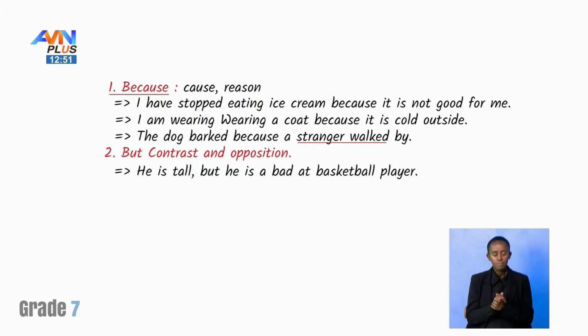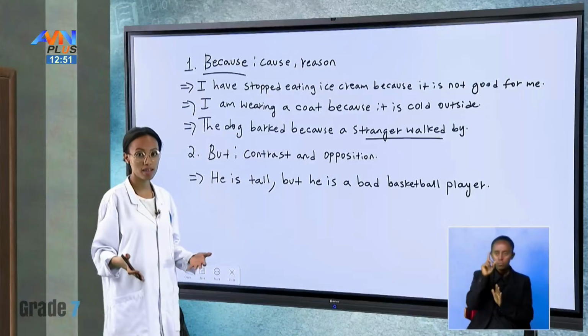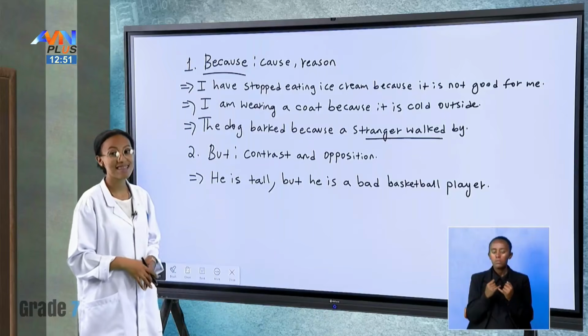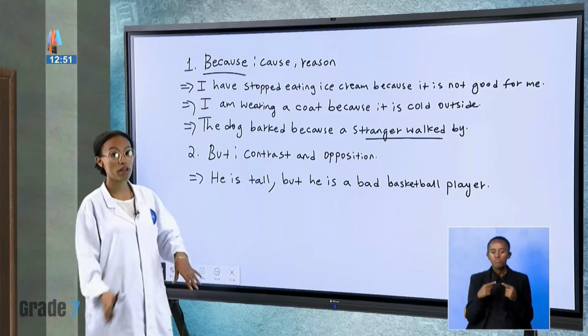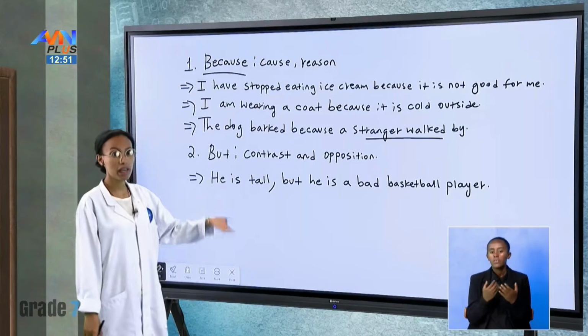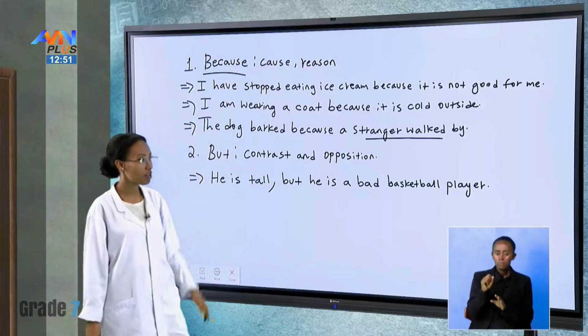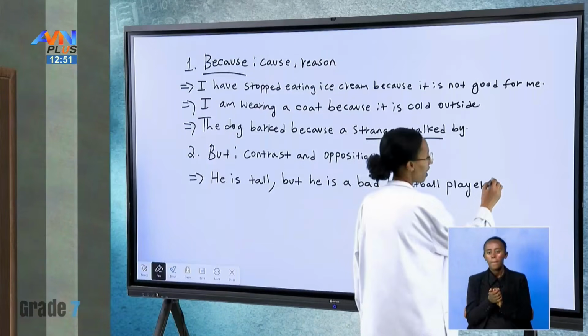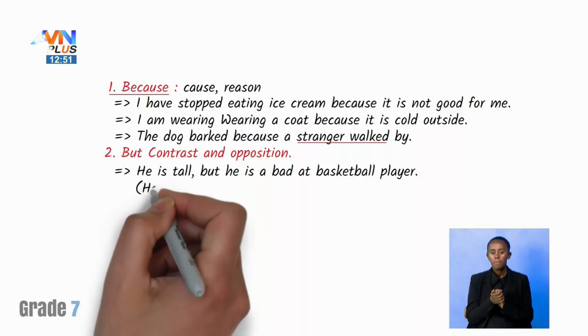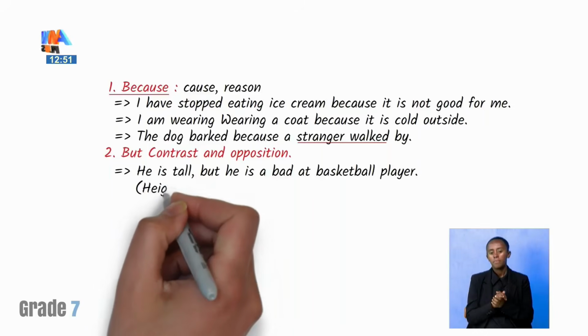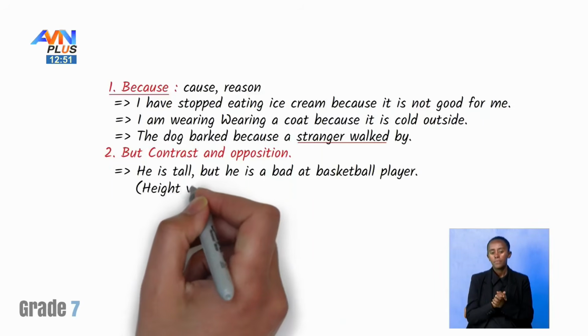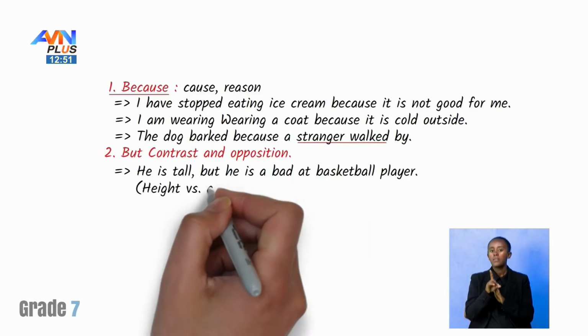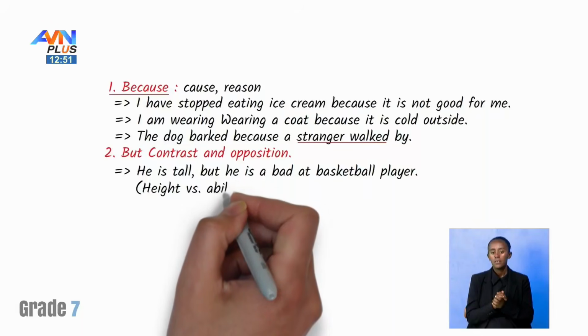If you see here, two ideas that negate each other or oppose each other. He is tall, right? Tall, yes. In this case, we have his height versus what? His ability.